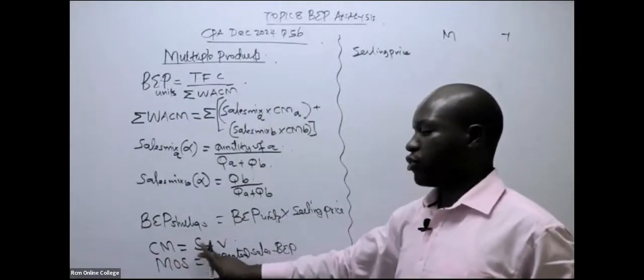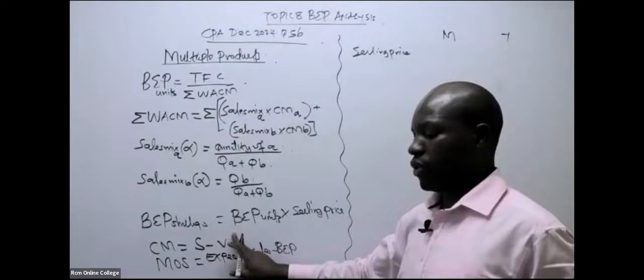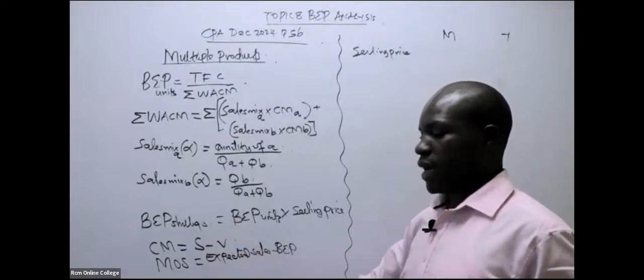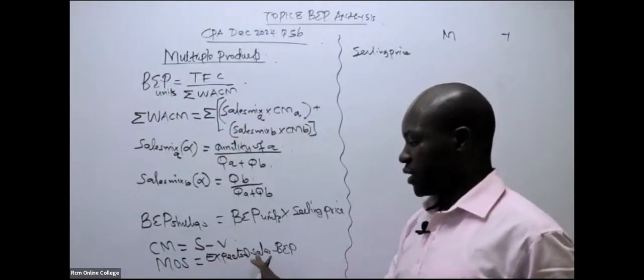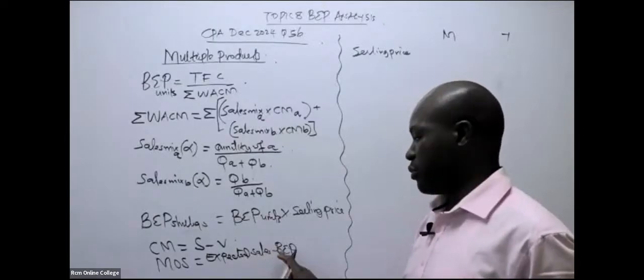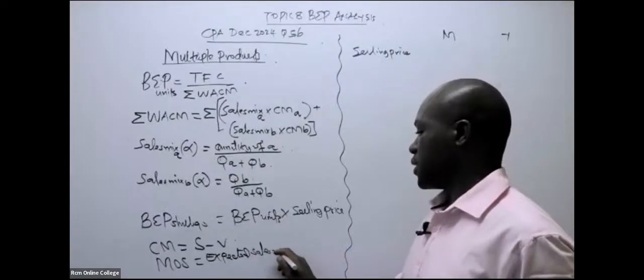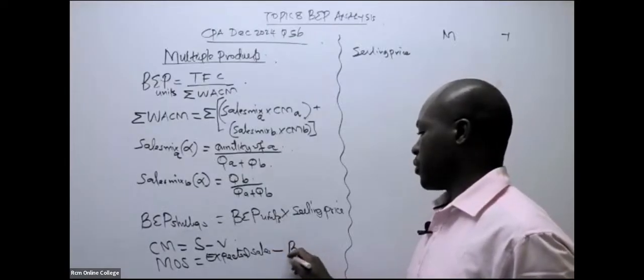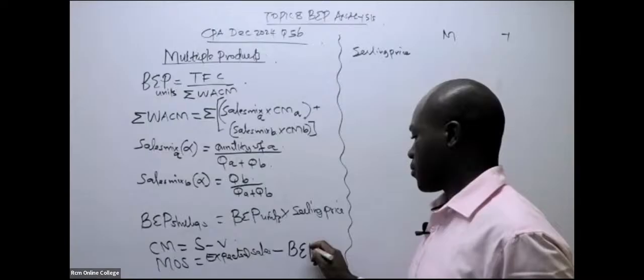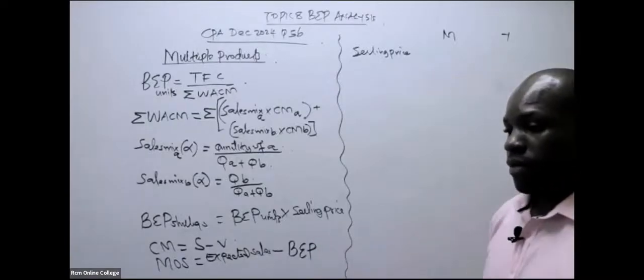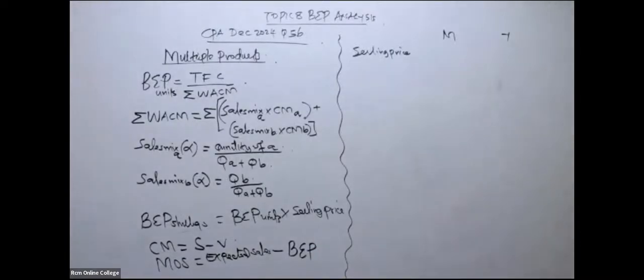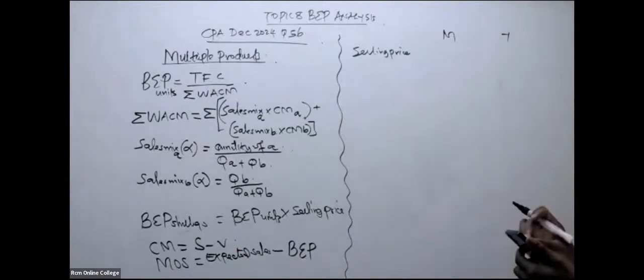Contribution margin is equal to selling price per unit minus variable cost per unit. Then margin of safety, expected sales minus break-even point.